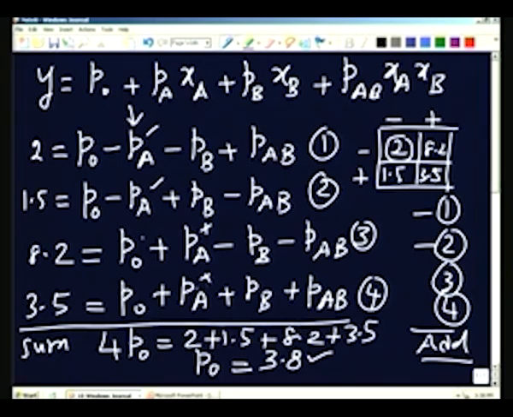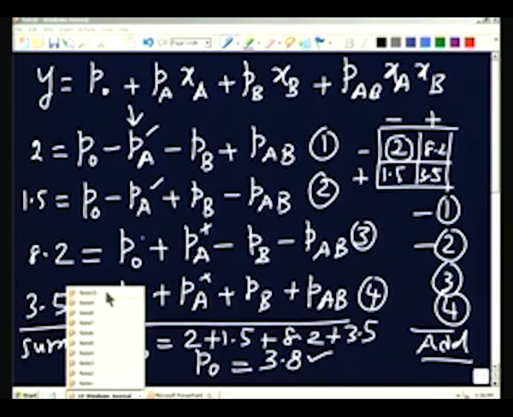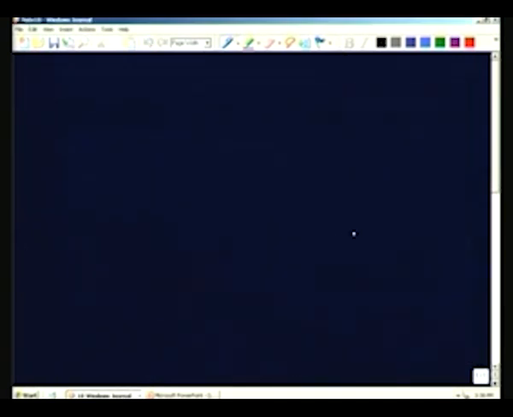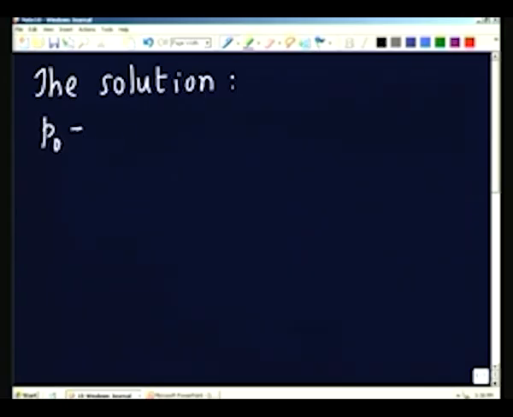So, let me just give the parameters in the next tablet. The solution, using the properties of the matrix, is given by P naught. Of course, I have already given 3.8.